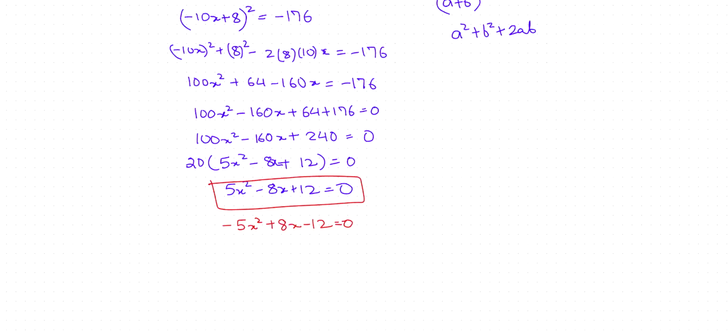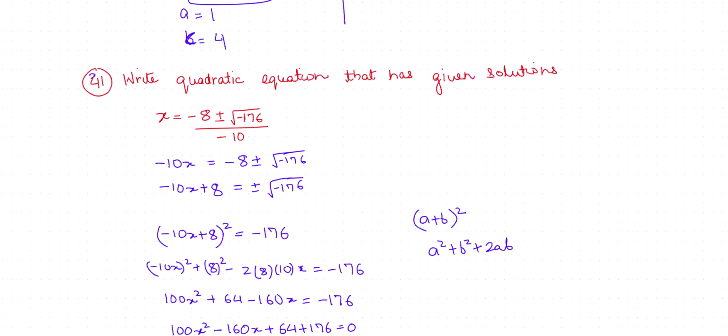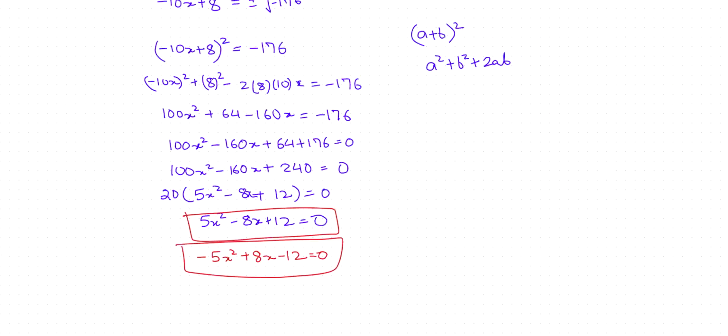Actually, our solution will be this because we want it in this form, which is minus 8 plus minus square root of 176 over minus 10. So we want the A to be negative and C also to be negative. Though these mean the same thing, our solution will be this minus 5x squared, not this one.